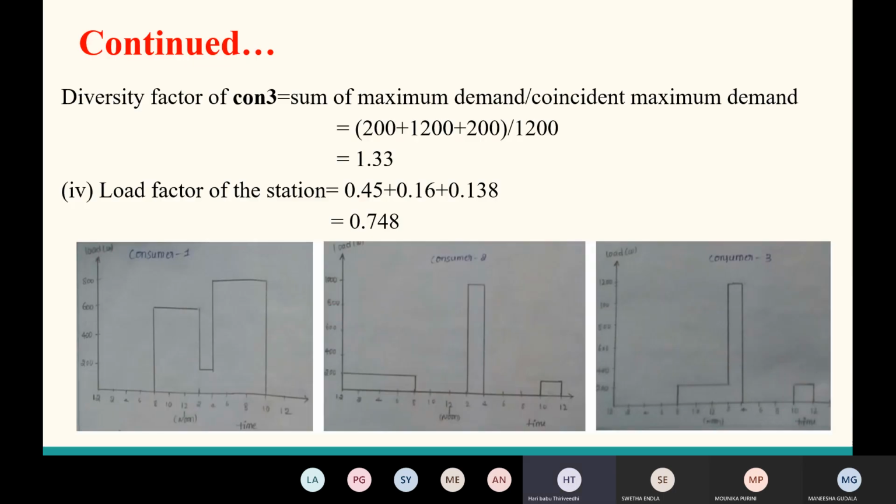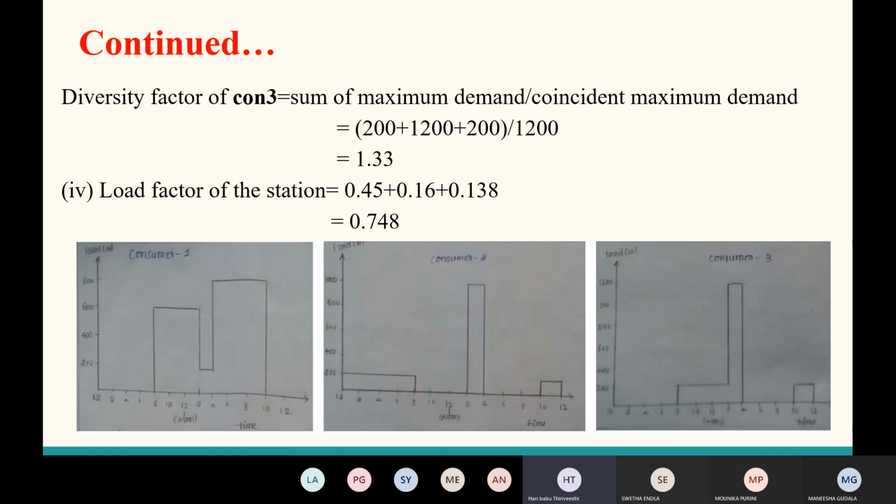don't write like consumer 1, consumer 2, consumer 3 separately. I am telling you to draw the complete load curve; don't draw separately, combine all these things.